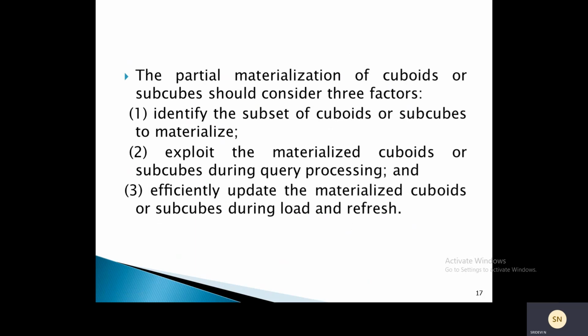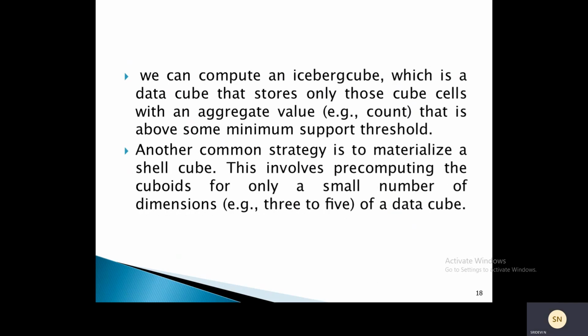We identify the subset of cuboids, exploit the materialized cuboids or subcubes during query processing, and efficiently update the materialized cuboids or subcubes during load and refresh. We can compute an iceberg cube, which is a data cube that stores only those cube cells with an aggregate value that is above some minimum support threshold.